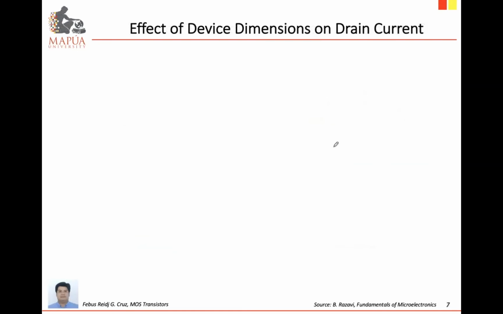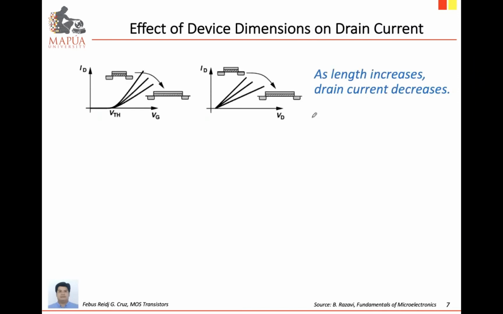Now let's have here the effect of the device dimensions on the drain current. Transistor length, when you say transistor length, that is the distance between the drain and source regions. You have here length 1, and this would be length number 2. As the transistor length increases, we expect that the drain current decreases.